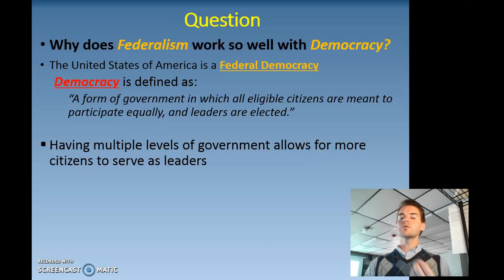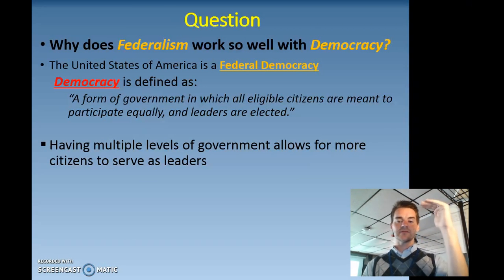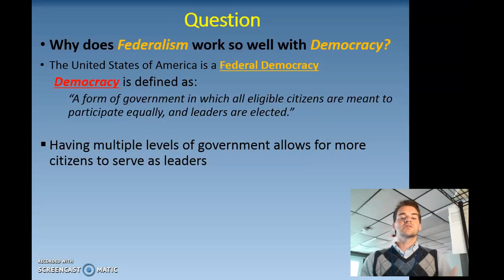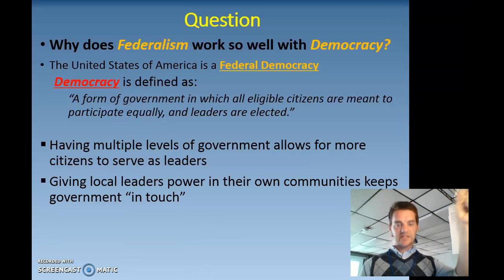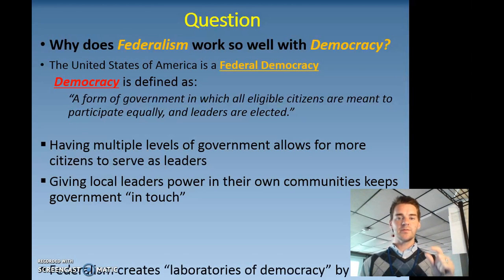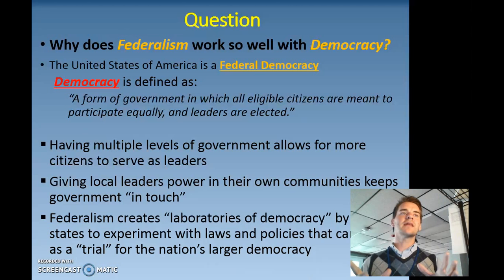And so what's cool is that having multiple levels of government is going to allow more citizens to serve as leaders. It's also going to help keep our leaders in touch with the communities and the people they're designed to serve. And it allows individual states to simply try things new. If Colorado wants to legalize marijuana, well, we all have our opinion about that, yay or nay.